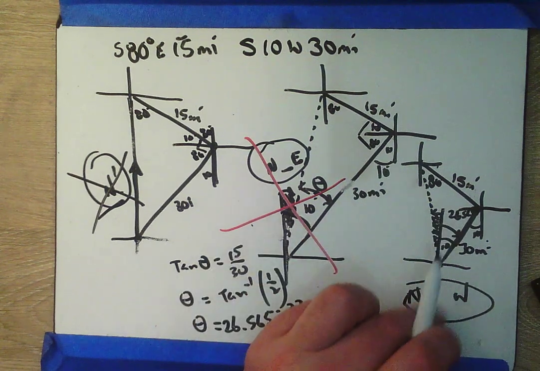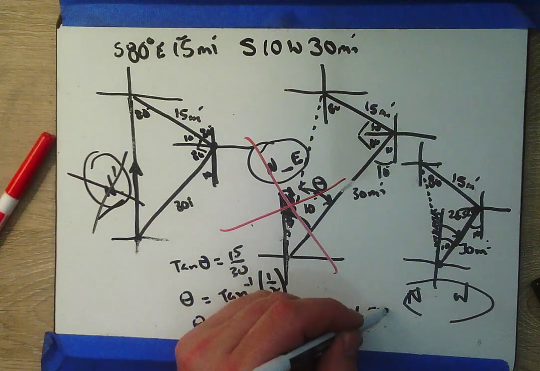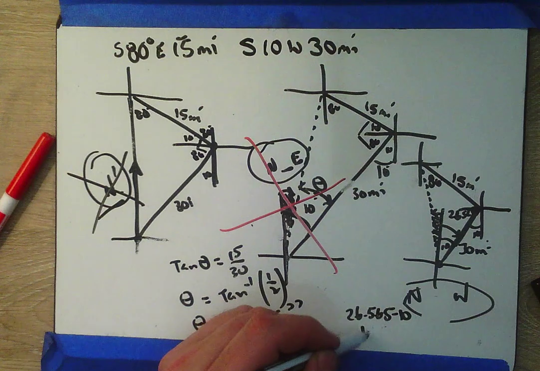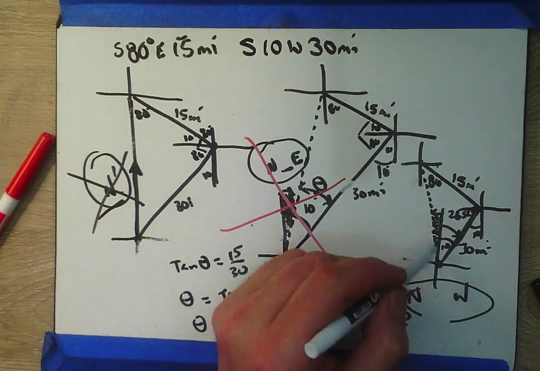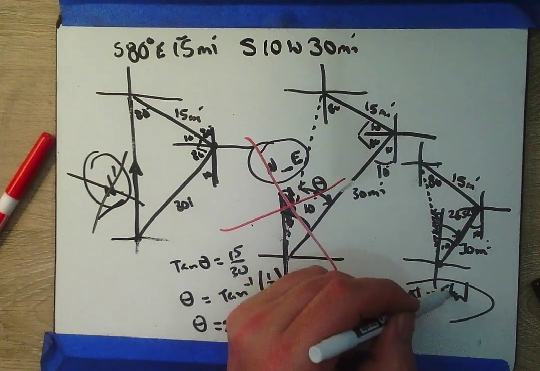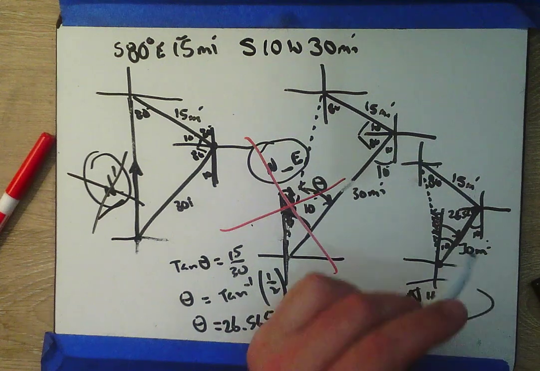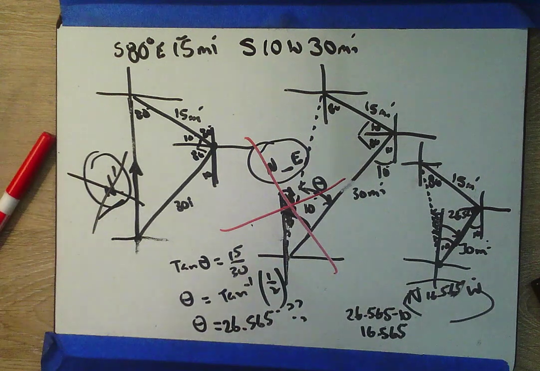So my bearing home will be 26.565 minus 10, or 16.565 degrees. North, we'll head north, and then we'll go 16.565 degrees west. Wow. So, be mindful of that. That's something to pay attention to.